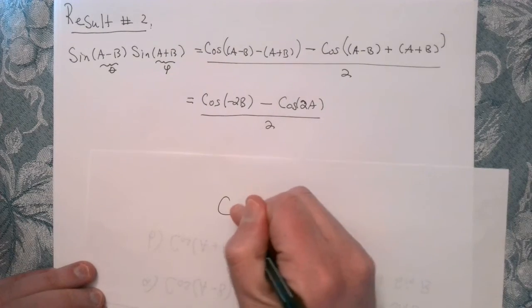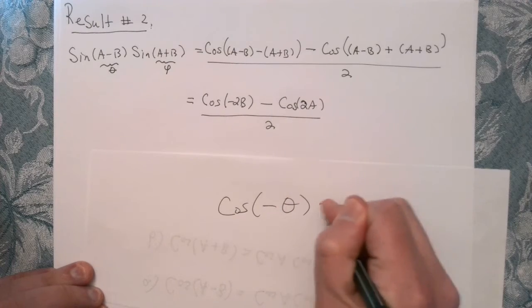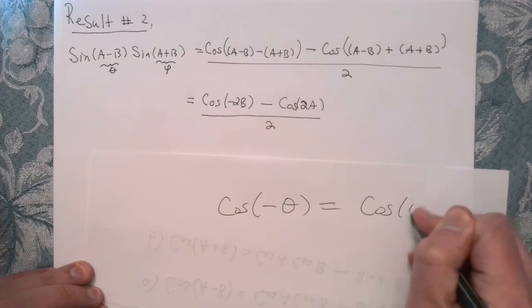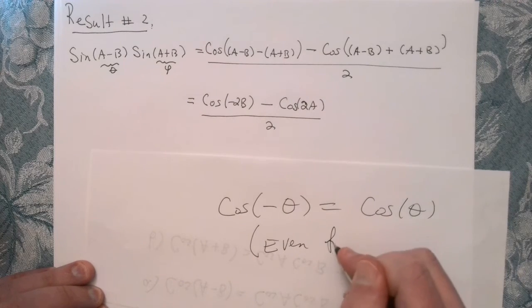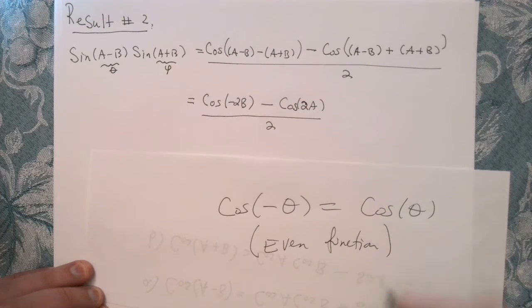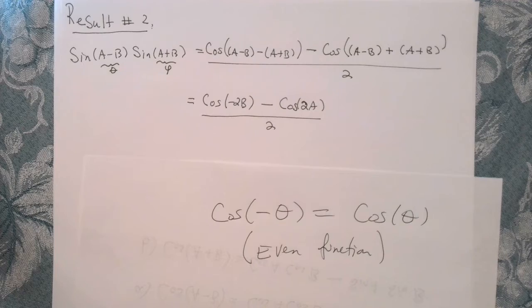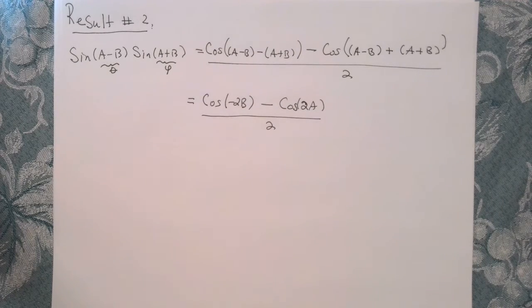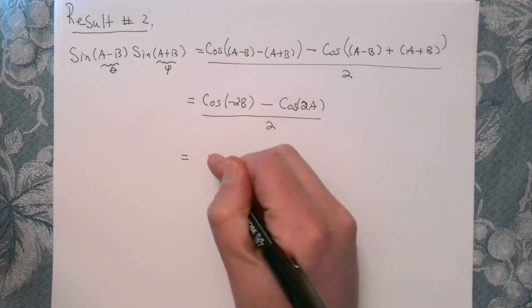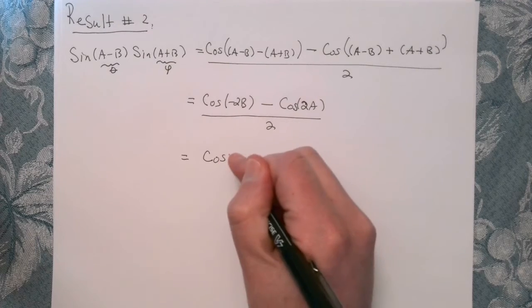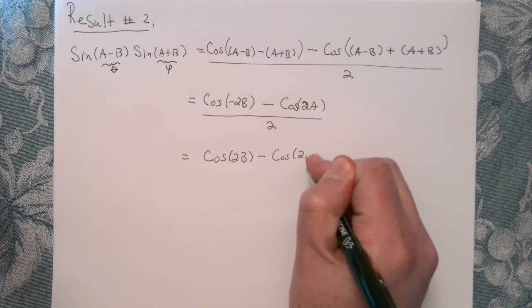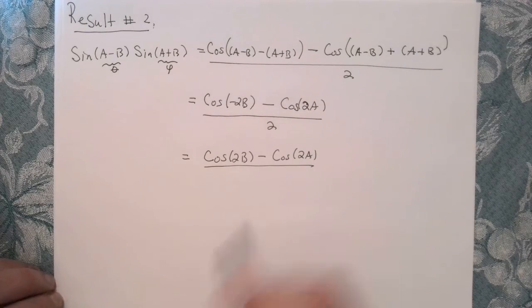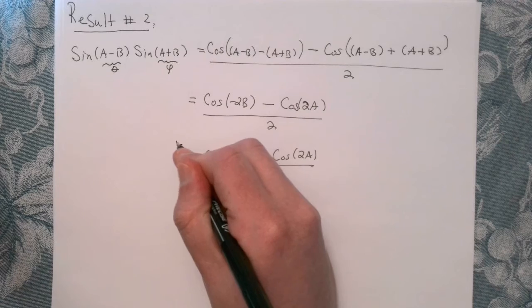It means for all theta, cosine of minus theta is cosine of positive theta. Add y-axis symmetry as well, remember that? Let's use that there, because that's the same thing as the cosine of 2b, minus the cosine of 2a. That's all over 2. And again, that was using the fact that cosine is an even function.